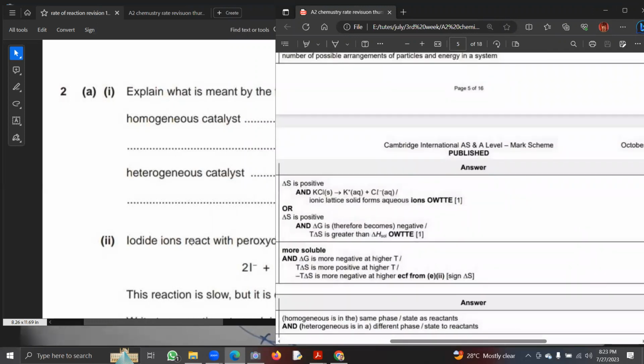Homogeneous catalyst is the same state as the reactants. Heterogeneous catalyst is in a different state to the reactants. Don't say phase, use the word state.